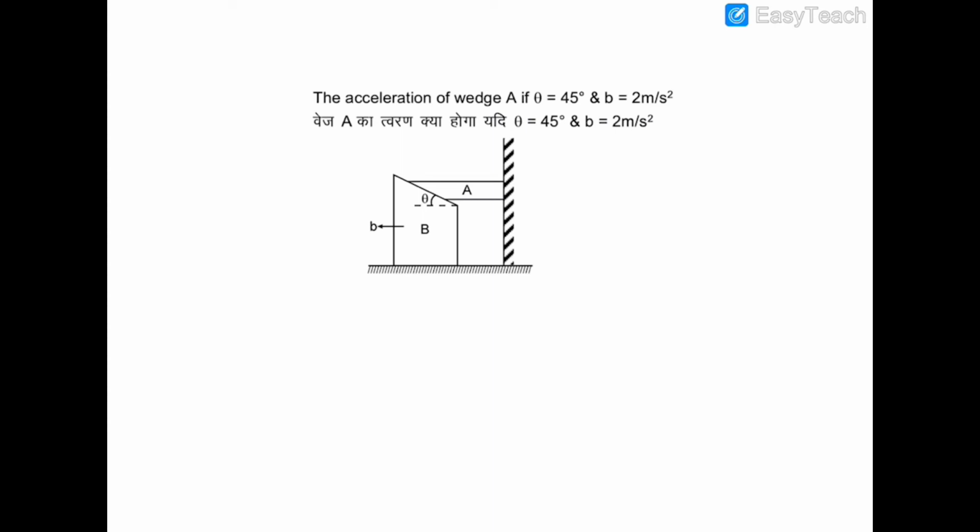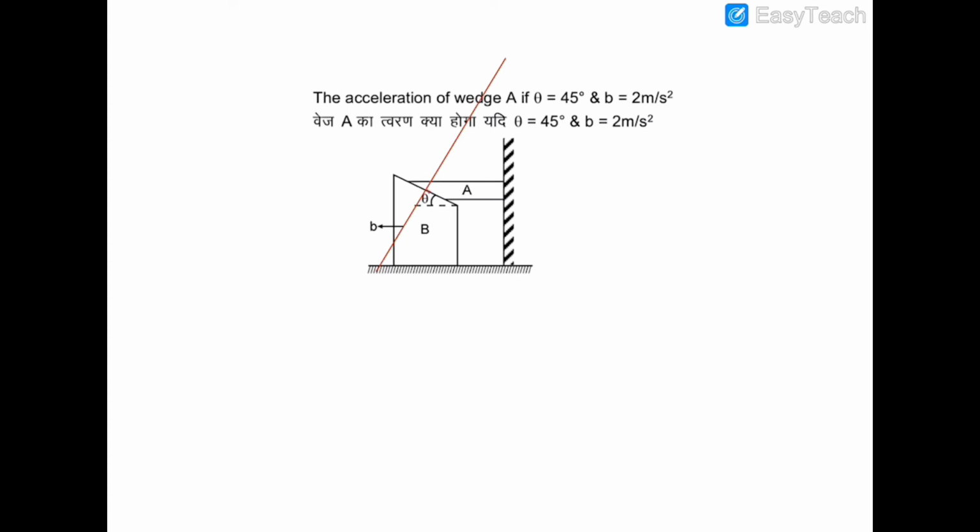Now we have to draw the normal to the contact, the moving contact, and we are drawing that normal. This is the normal to the moving contact, and the rod is moving downwards.